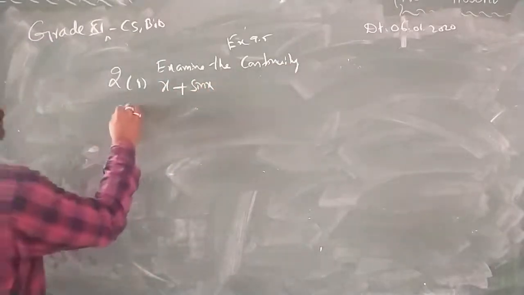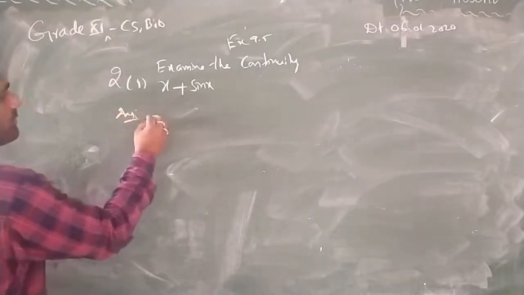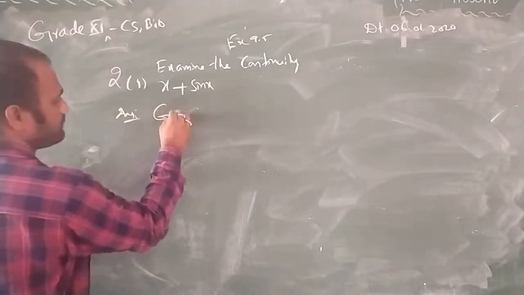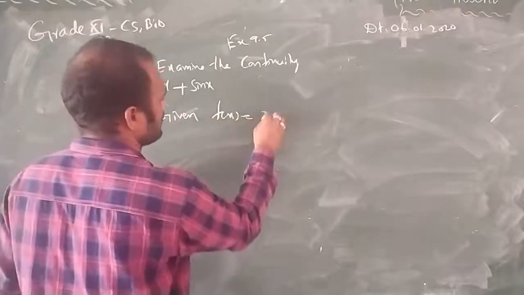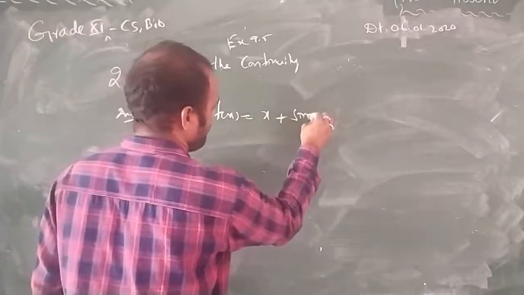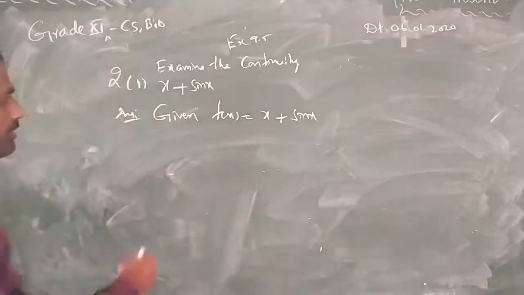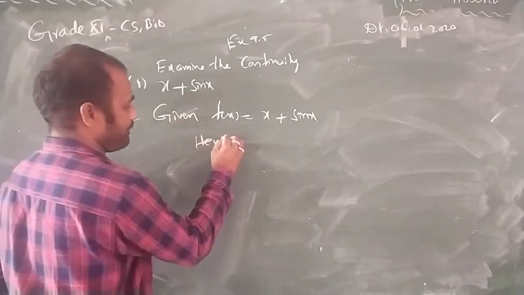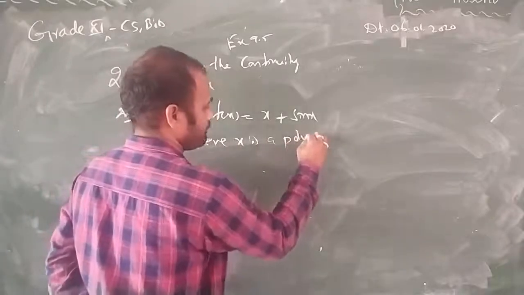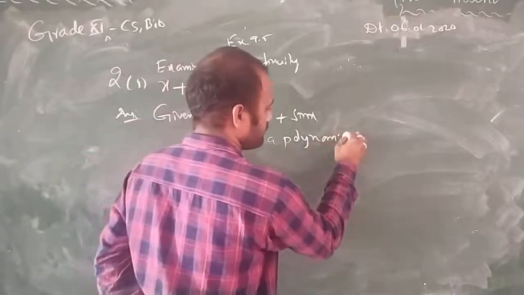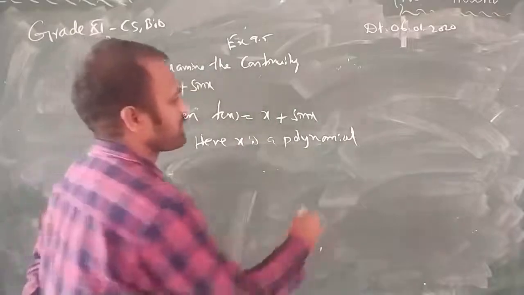Let us write the answer here. Given f of x function is x plus sin x. Here x is a polynomial, which is continuous.